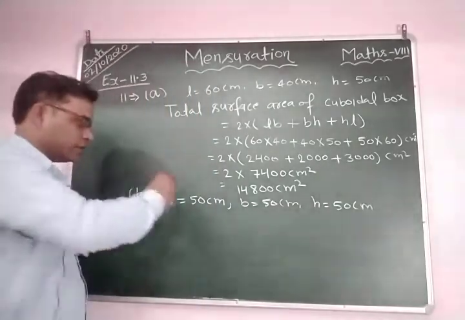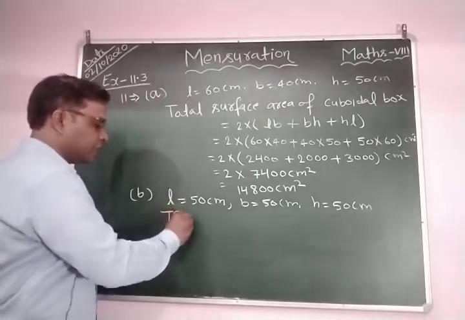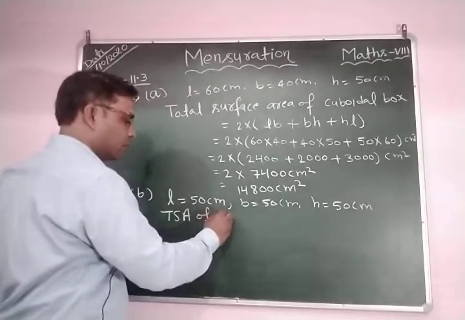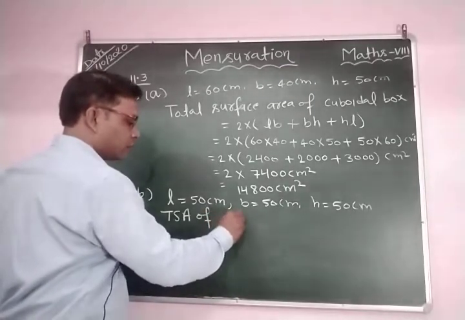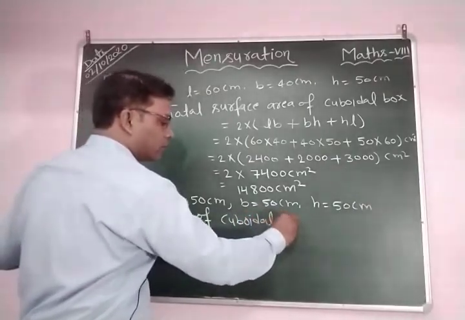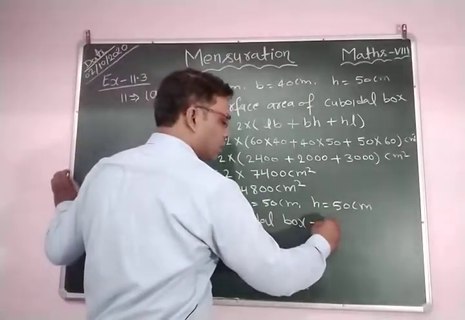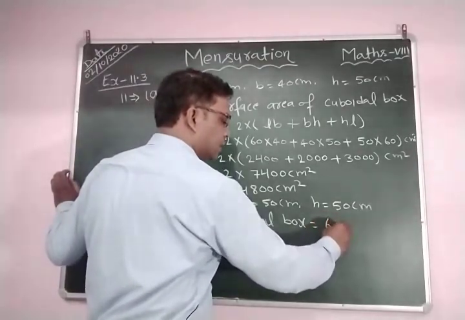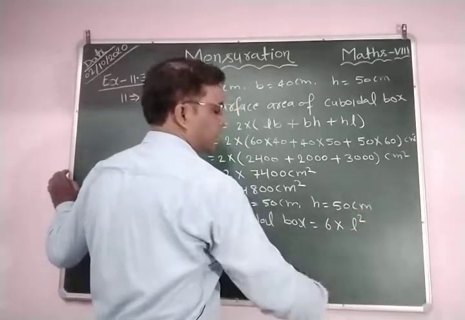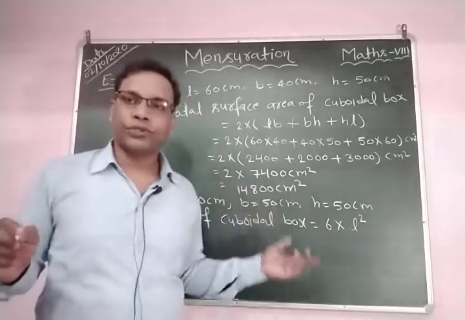Okay, so we can write here the TSA of the cuboidal box is equal to 6 into length square, because you can see here this is not a cuboid, this is a cube.